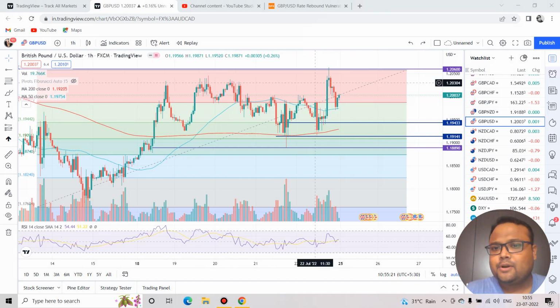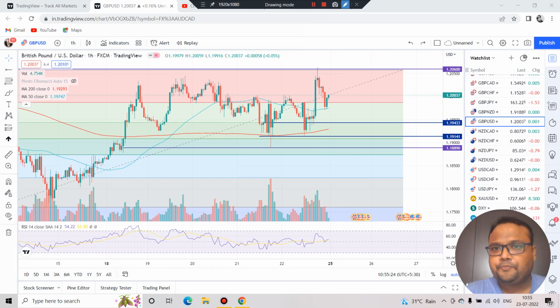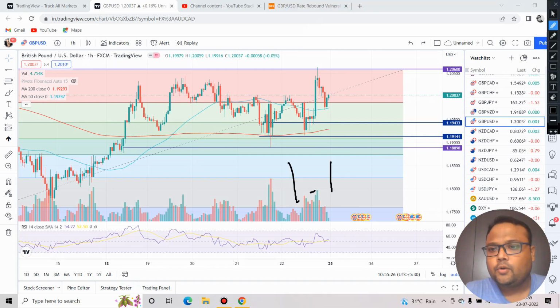The next important level for GBP USD is 1.1943 or 1.1940. The reason is the previous small price rejection from below and the presence of the Fibonacci 38.2% retracement level here.